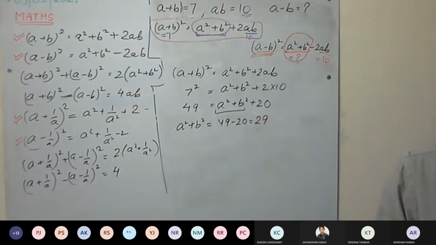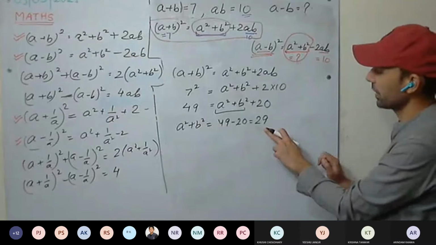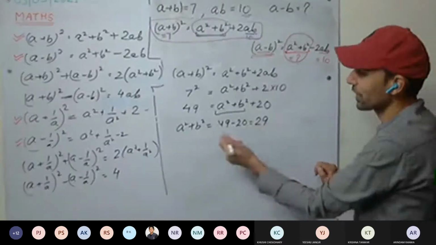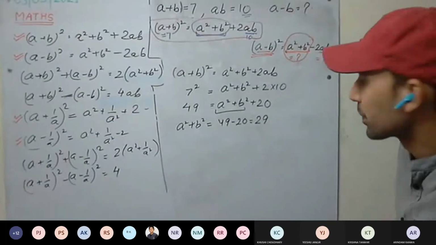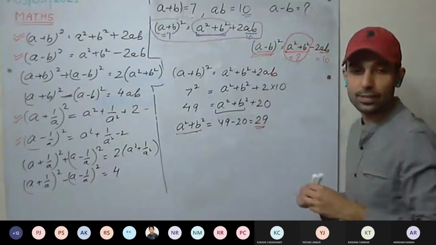Is this clear? Yes, sir, we got the value of A square plus B square, 29.